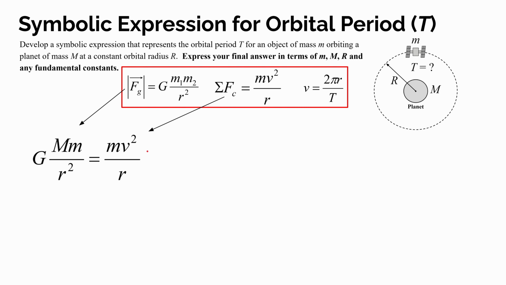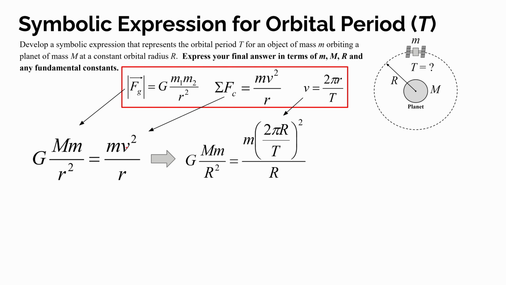Before we start simplifying this equation, we need to get the period, the capital T symbol, inside of this equation, because we want to find out how capital T is related to capital R. And we can do that by substituting in this equation in place of v, or in this case, v squared. And so on the right-hand side, we get mass times v squared, or the mass of the satellite times 2 pi r over t.